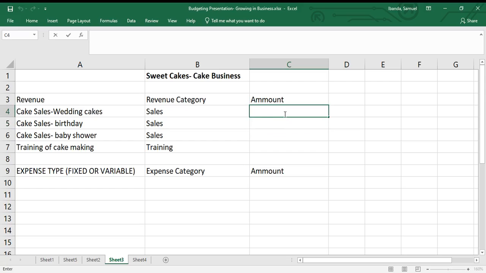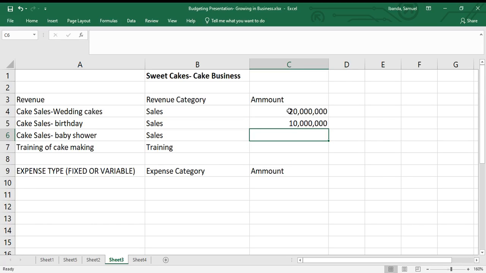Then you can put respective amounts in terms of what you expect to earn from here. Depending on your business, you could expect to earn, let's say, 20 million. And then you could expect to earn 10 million here.